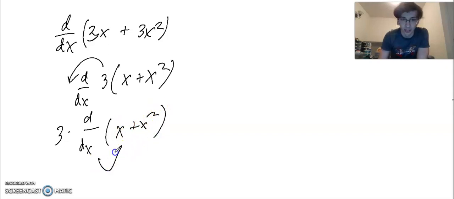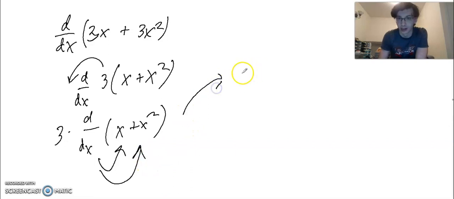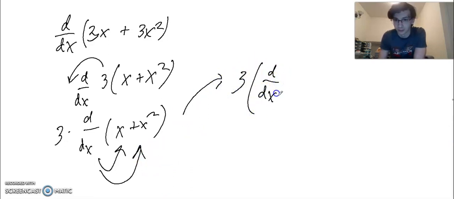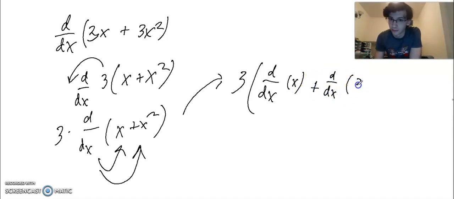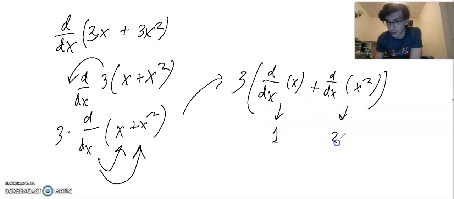Then we can distribute the d dx. So we get, it's a little messy, d dx of x plus d dx of x squared. And this just equals 1, and this is 2x.